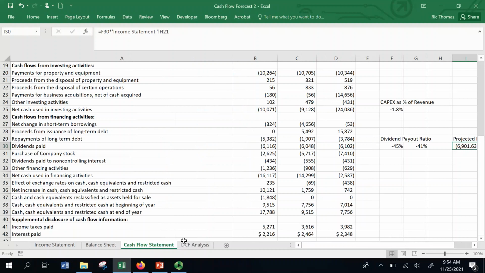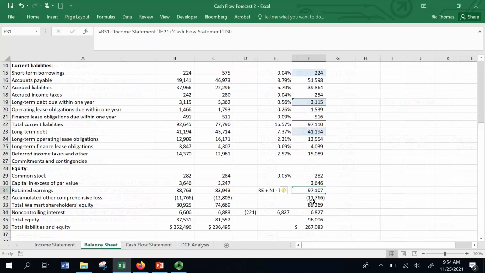So a lot of things have to be calculated along the way here. And so you keep on going down the line. I'm holding that constant. I sum that up. I take into account my non-controlling interests here of my forecast that I did on the last page of 221 to boost this number to 6827.